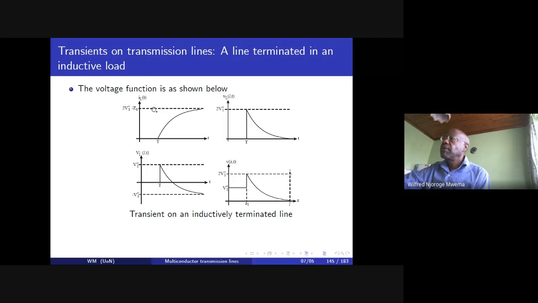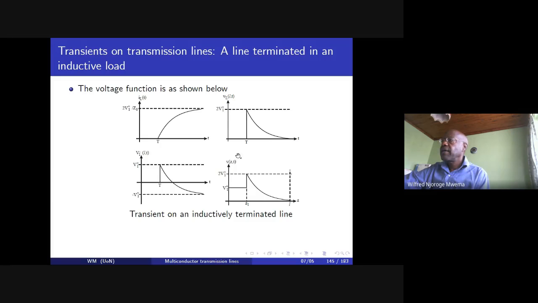The inductor voltage will first of all start from twice V1 plus, and it will reduce as time goes by, and it will be zero thereafter, after a long time. That is the characteristic time constant. If we look at the reflection coefficient, it will first of all jump up, and then it will start to decrease and become negative as time goes.